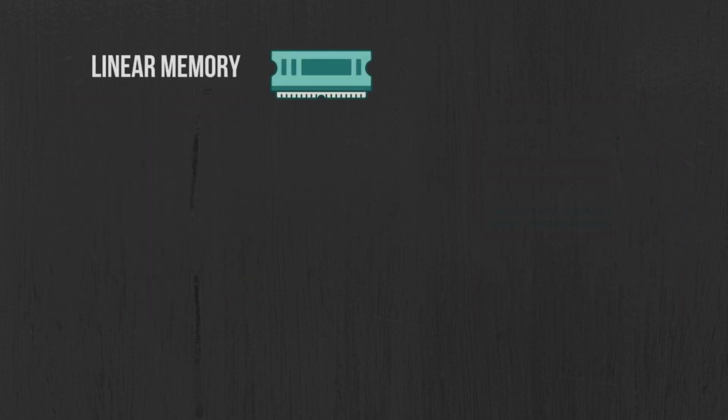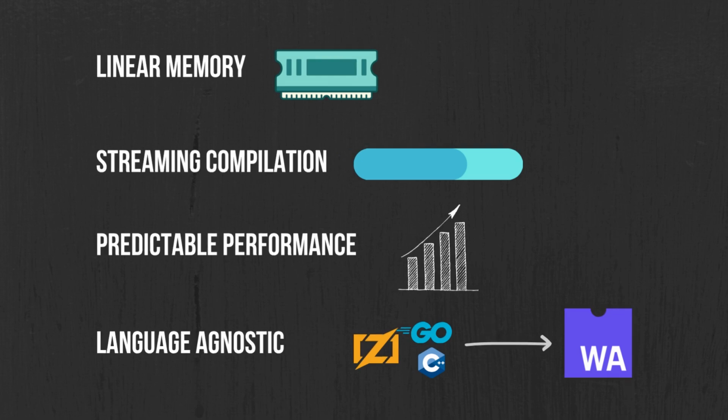Now, this is where WebAssembly becomes really interesting for developers. With its linear memory, Wasm operates on a single continuous memory buffer. If you've used C pointers, this will feel familiar, but this time it's safer and sandboxed. Browsers can also compile Wasm while it downloads. This means big modules start running almost instantly.